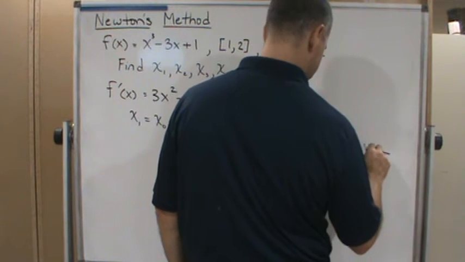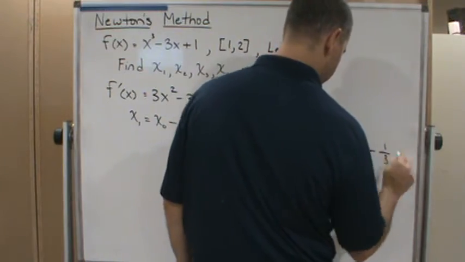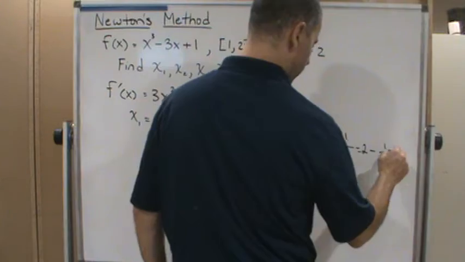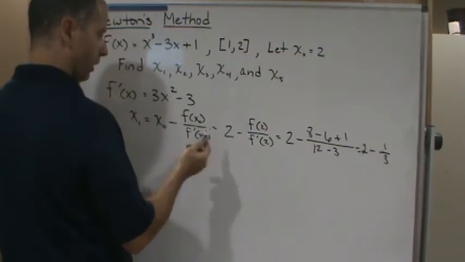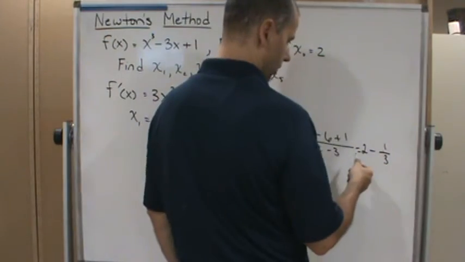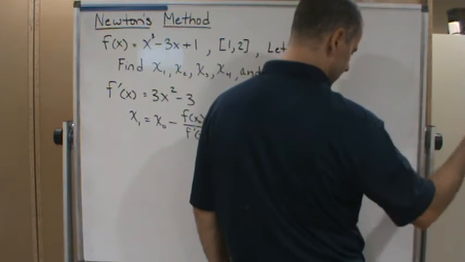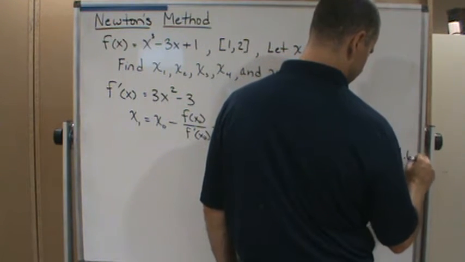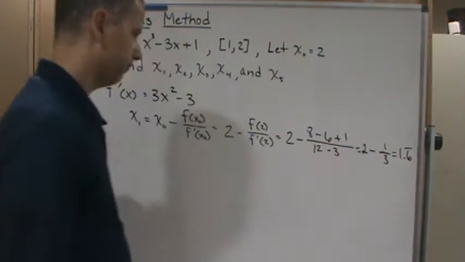Oops, not 1, it's 2. 2 minus 1/3, which we know is equal to 1.6666 and on, which is equal to 1.6 repeating.